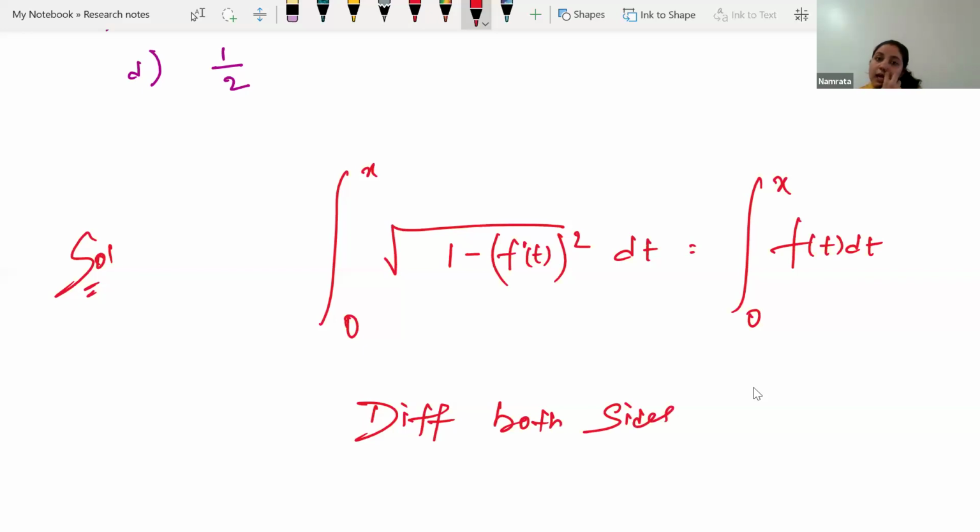Okay, when we have this condition and we are going to differentiate it, there is a rule. Let me write the rule. We will be following that rule only.